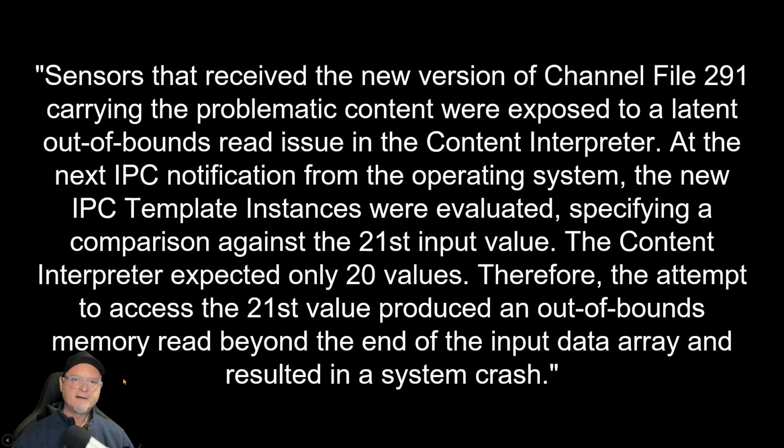The next slide just gives a little bit of an outline about some of the technical aspects to the CrowdStrike update failure, which I'll let you read if you're interested in this.